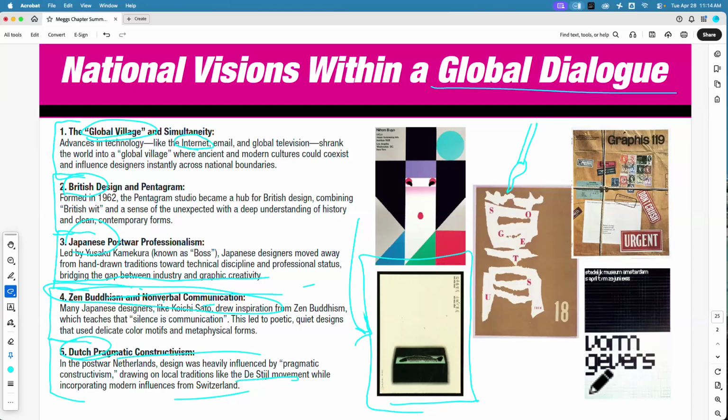It's no different than when everybody came to America after World War I and the Nazis. I think that was where, I'm horrible with my wars, I'm not good at them at all. But when we got everybody over after the Bauhaus, we were like, you can do whatever you want over here.